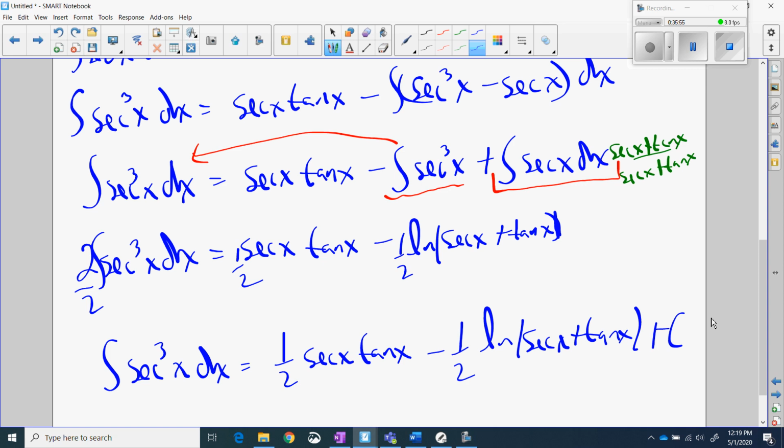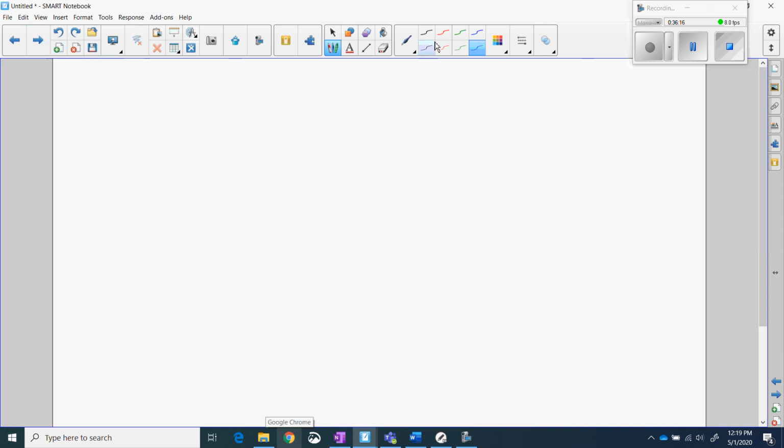So the first time students run into it, they would often have a lot of difficulty. However, after having a chance to see it, it's supposed to trigger and say, oh, okay, I remember doing that type of thing. So if we ran into the integral of cosecant cubed x dx, it's not exactly the same as the one we just did, but hopefully it would trigger your brain to say, hey, I remember doing one like this before, except the ratio was secant.